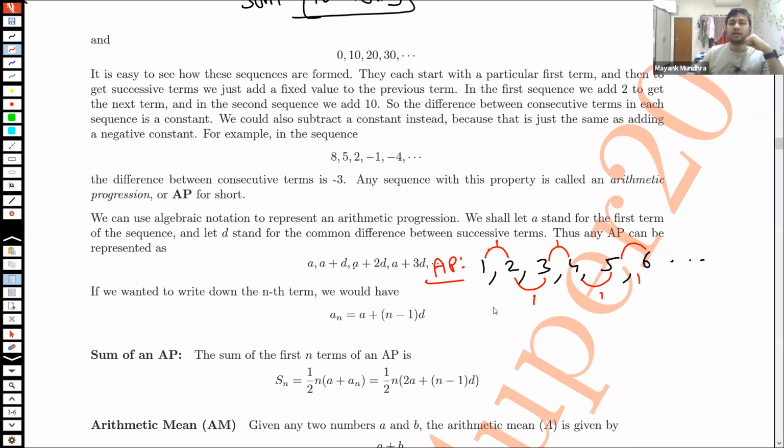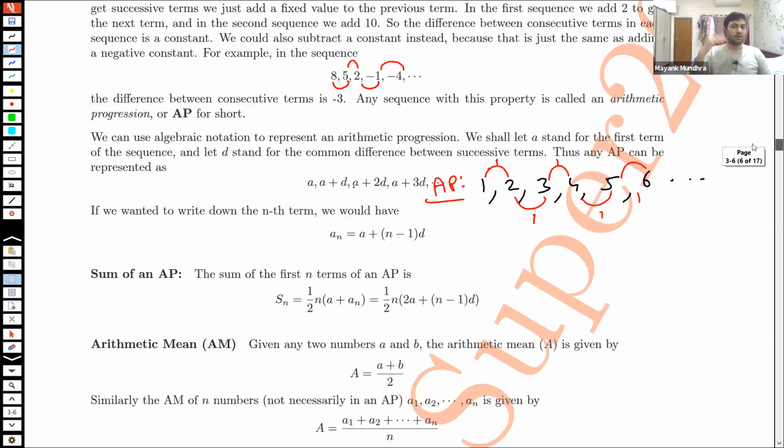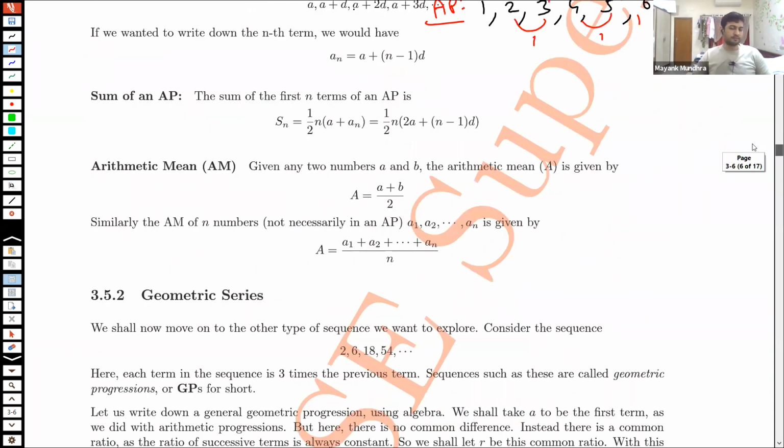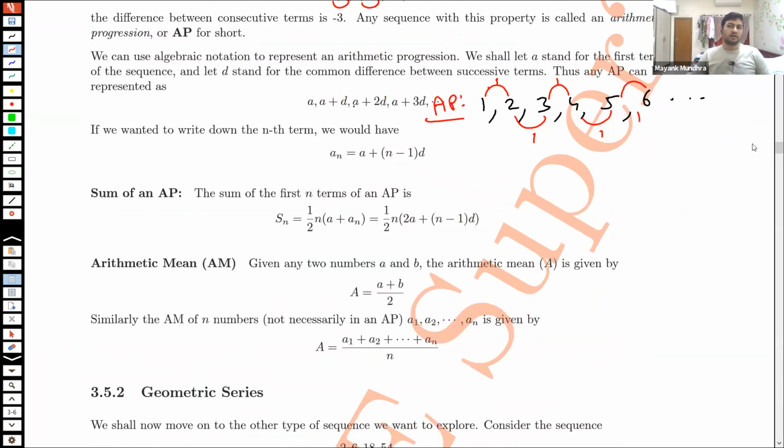Here we see the difference is -3, -3, -3, -3. So this is also an arithmetic progression. Arithmetic progressions are ones in which you keep adding the same amount after every term. The difference between any two terms is basically the same.